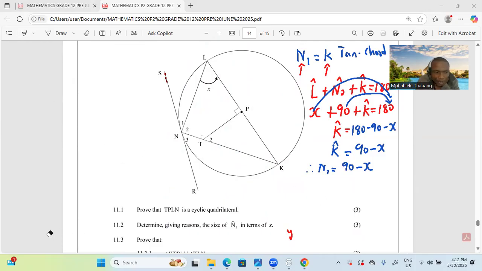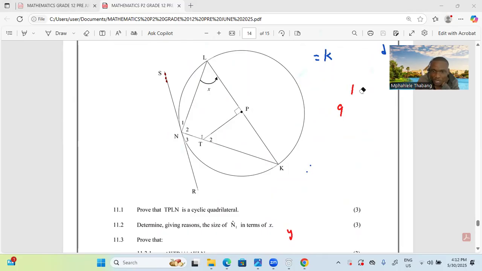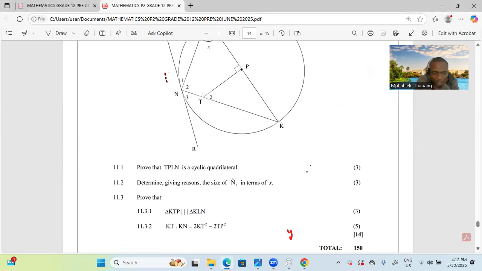Let me confirm the question for the last time. Prove that KTP is similar. Yes, KTP is similar to KLN.